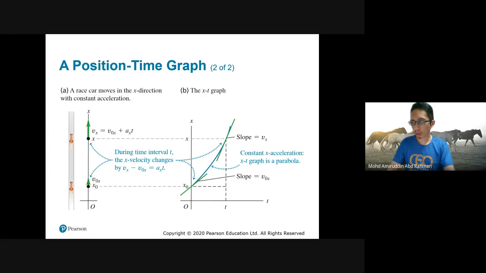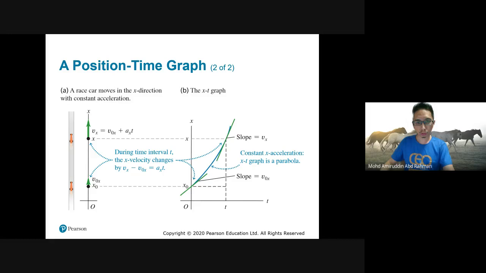We already learned about the instantaneous velocity and the instantaneous acceleration, and we already plotted the graph on the x-t, where x is the displacement and t is the time.